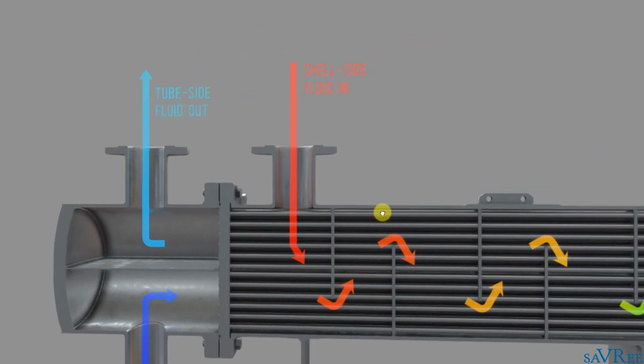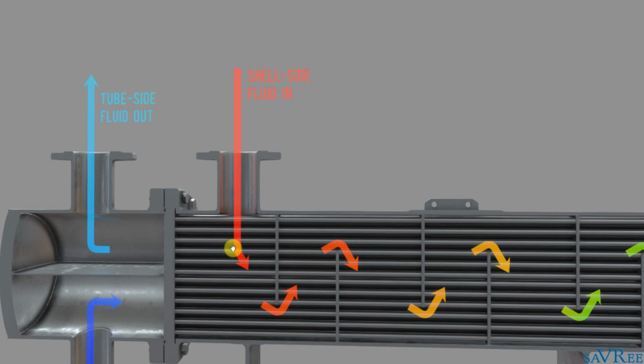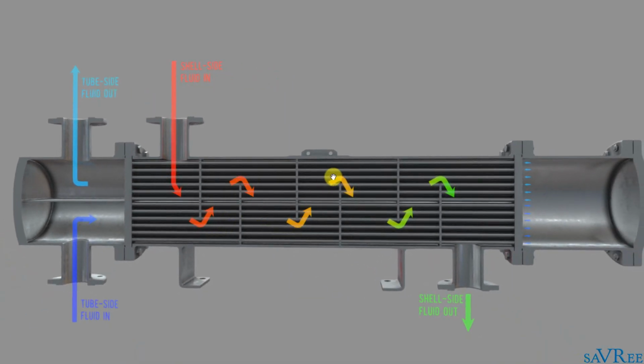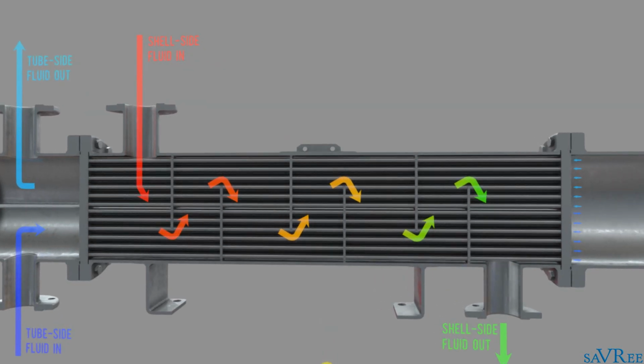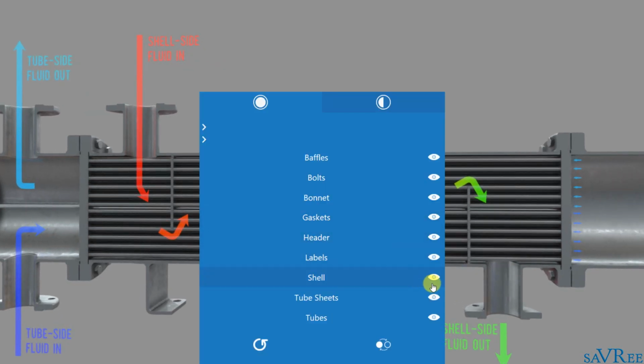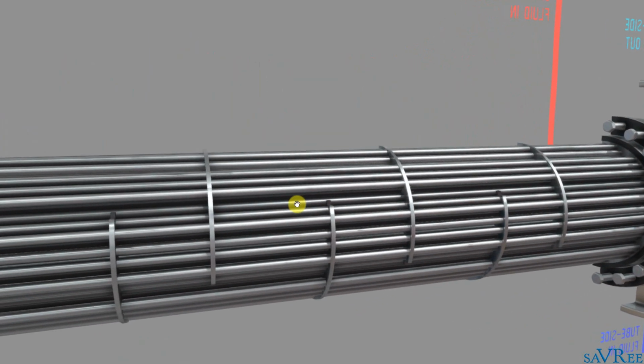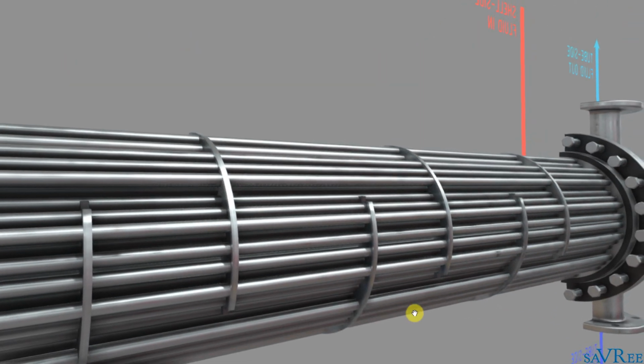Meanwhile, the steam will be flowing into the heater, and it's going to pass through these baffles here that surround the tubes and drop out of this nozzle or pipe over here. If I take away the exterior, we can have a better look at the baffles. We'll come around the other side, and you can see the baffles, they surround the tubes.